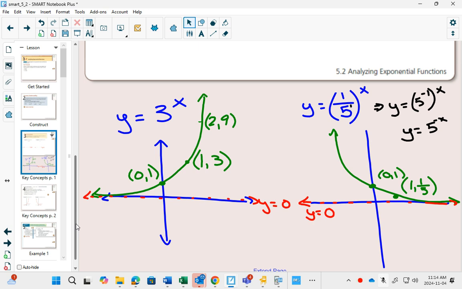And if you reflected it over the y-axis, it would match up perfectly with this one. In fact, this has the point (-1, 5), flipped over perfectly. So I'll let you write those down, and then we'll move to example 1.